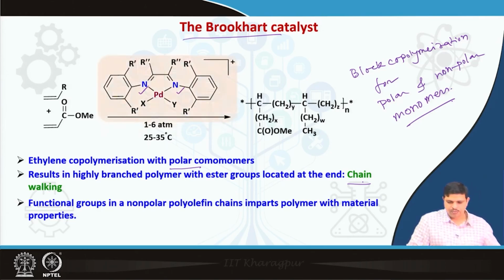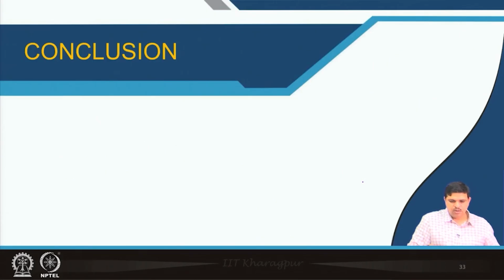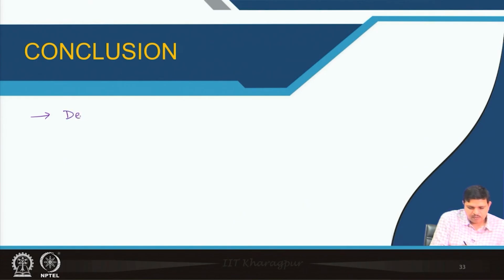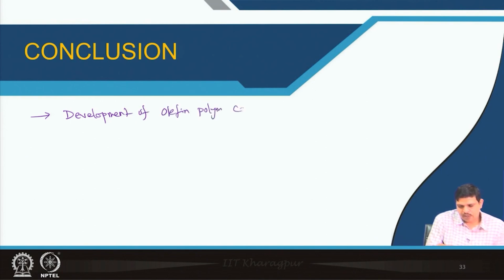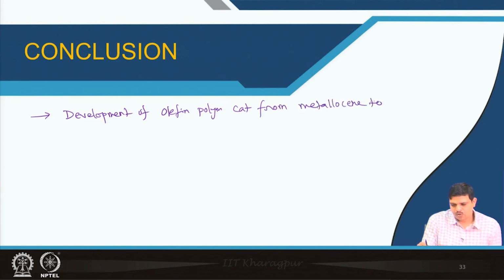Okay, so in conclusion, what we have learned today is the development of olefin polymerization catalyst from metallocene to post-metallocene.